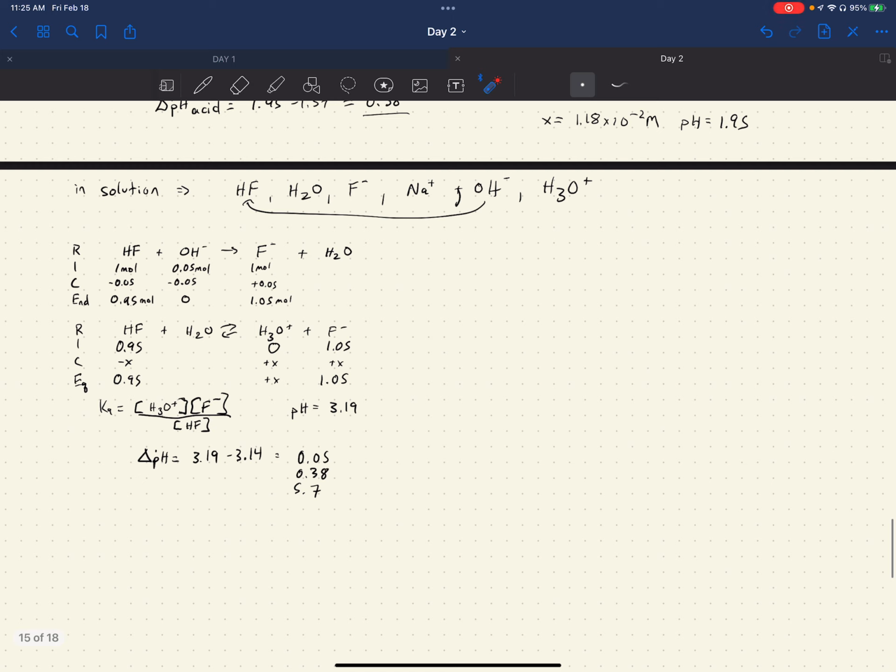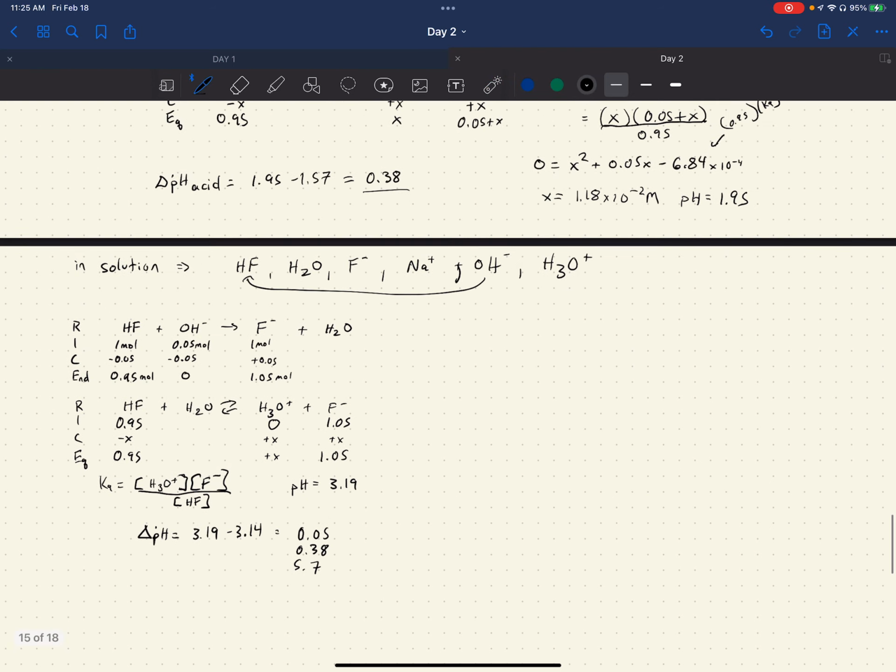But this one, our final one, when we have a buffered solution at equilibrium and we disrupt it, this is a good scenario for Henderson-Hasselbalch because basically, once I do this first part where I establish what's going to be left after that initial reaction happens, then I can take those values and I can plug them straight into Henderson-Hasselbalch.